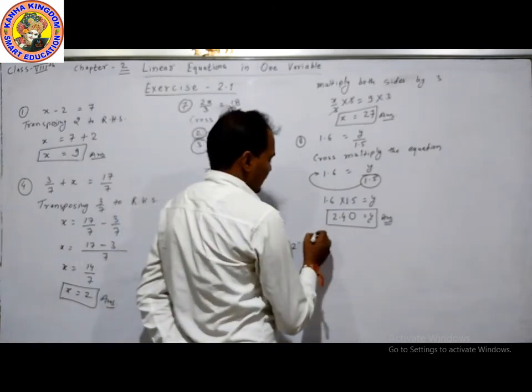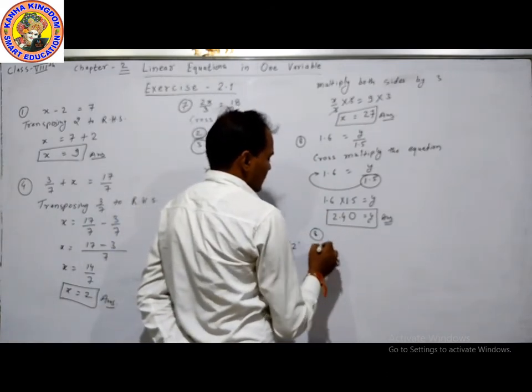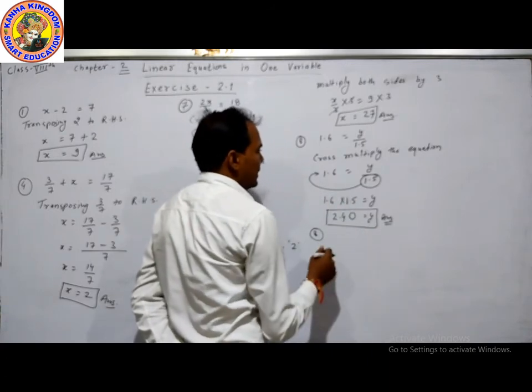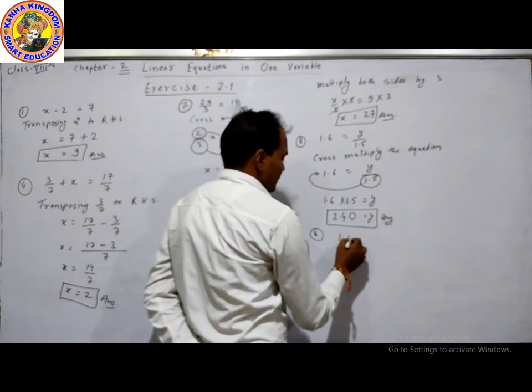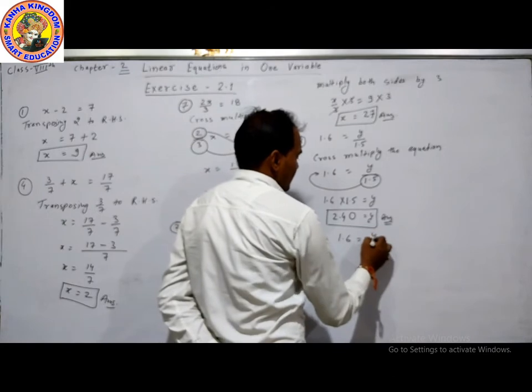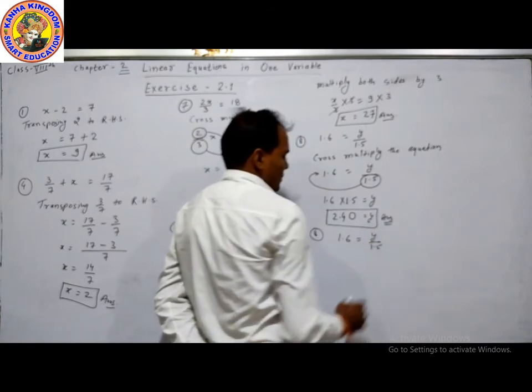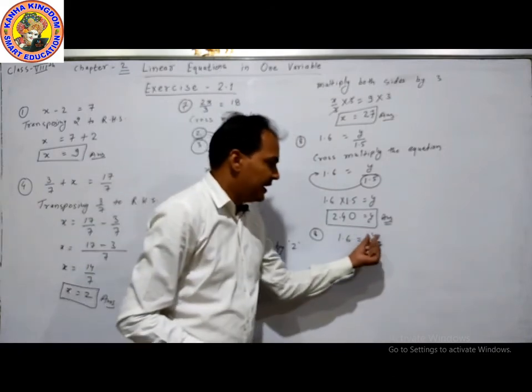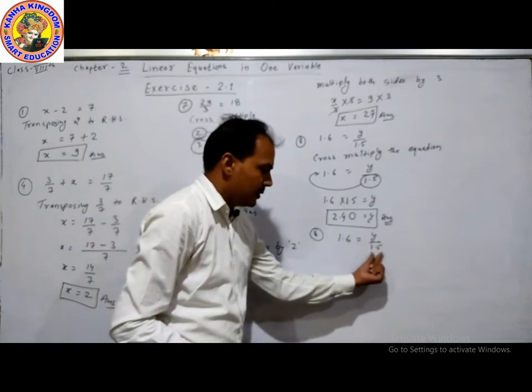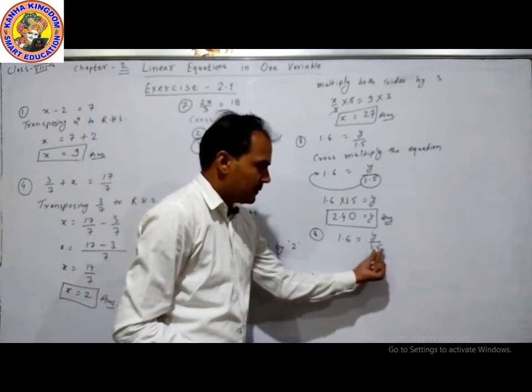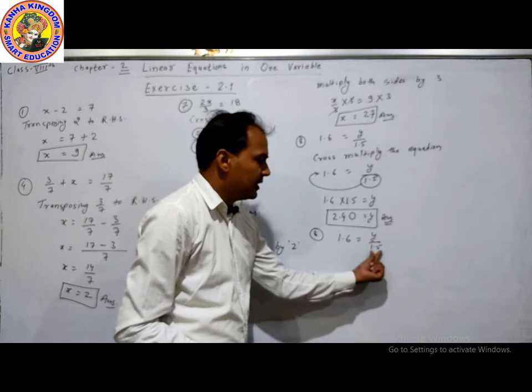And we can also use the multiply or divide term. The question is 1.6 is equal to y upon 1.5. For finding the value of y, we have to remove 1.5 from the denominator part or dividing part.